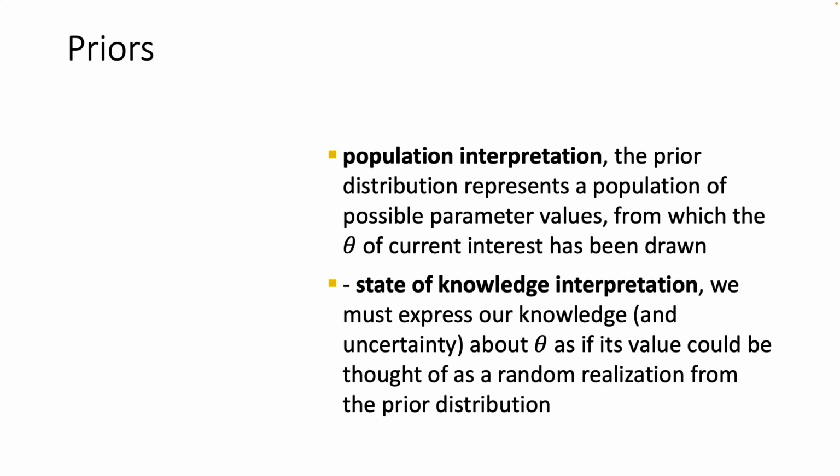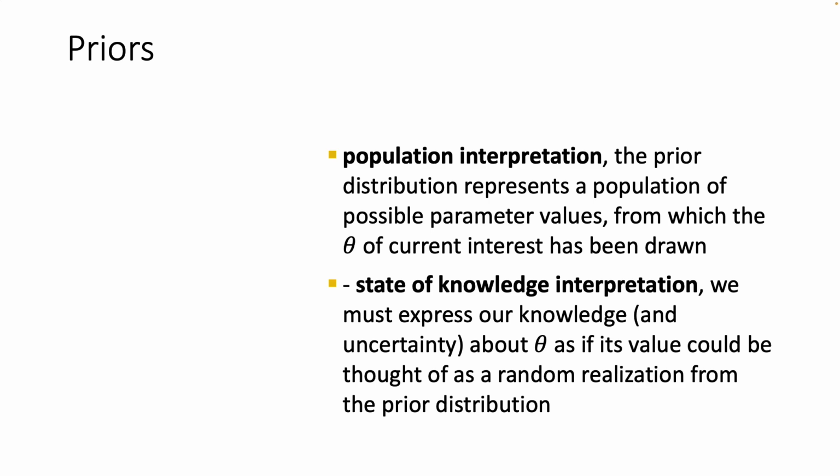On the other hand, we have the state of knowledge interpretation. The population interpretation is easy when we have repeated situations, right? Especially with a repeated situation we had experienced before. In the state of knowledge interpretation, we must express our knowledge about theta as to what its value could be. So this might be very easy, very reasonable, very simple.